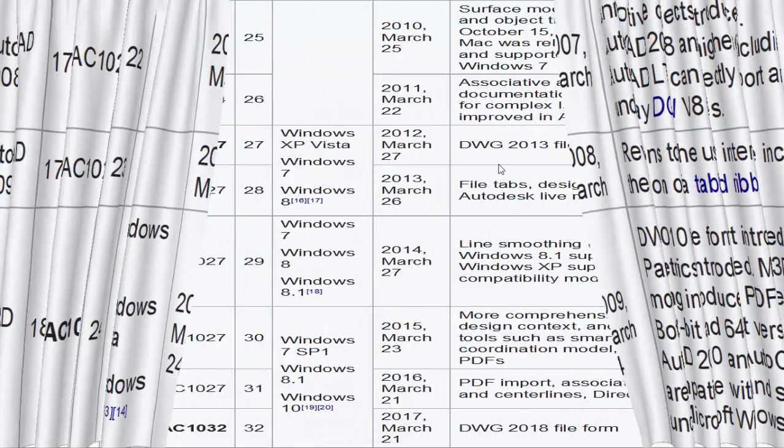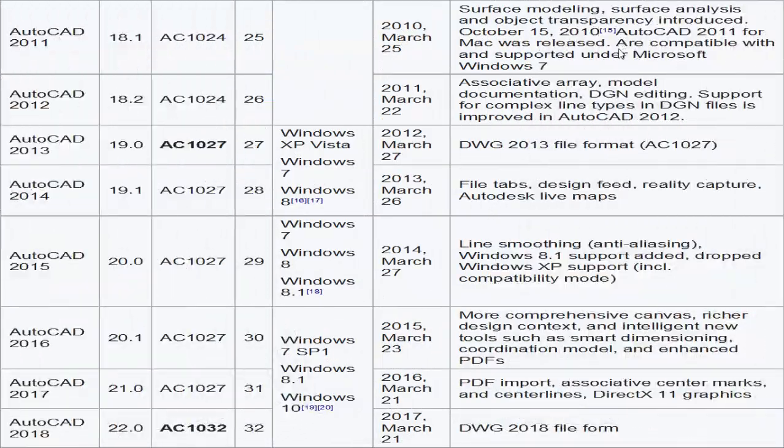Okay, as the years go by, more and more features are being incorporated into AutoCAD. We have the file tab, design feed, reality capture, Autodesk live maps, line smoothing, Windows 8.1 support added. Then they dropped Windows XP support.